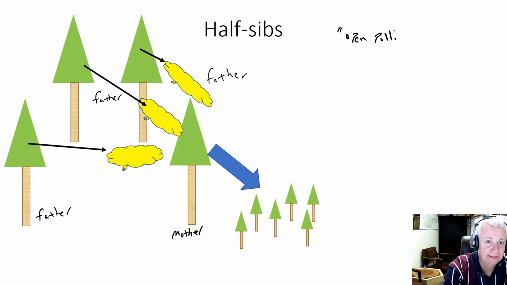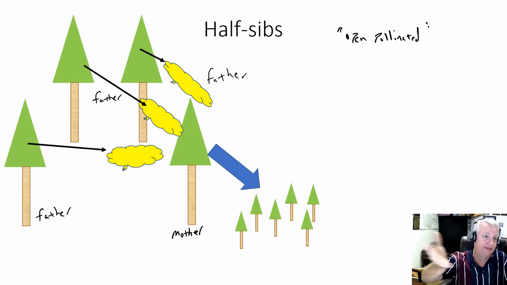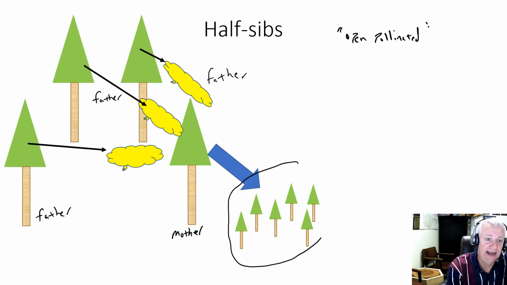meaning it was pollinated by the pollen cloud that was floating around from trees in the vicinity, then the offspring derived from seed collected from that mother tree are related to each other as half-sibs.